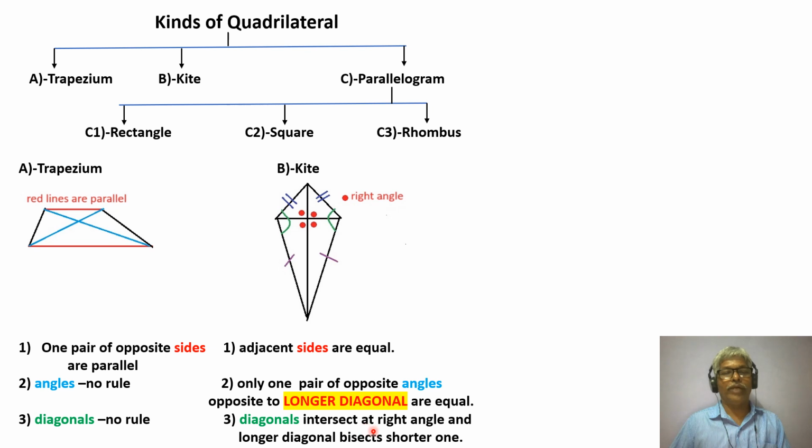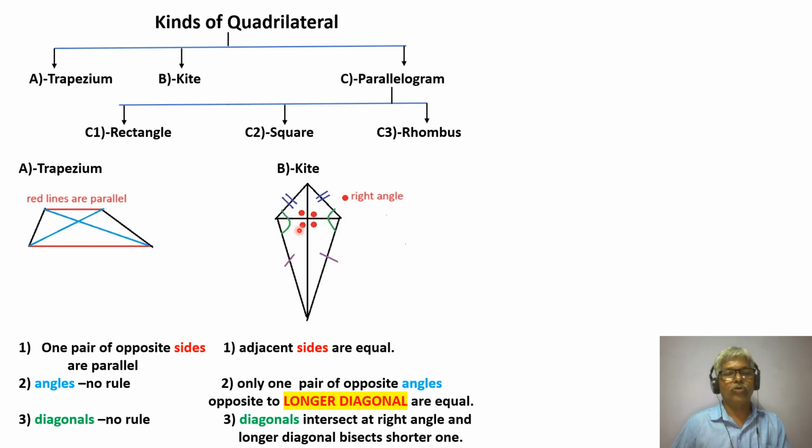The property of diagonals is they intersect each other at a right angle, and the longer diagonal bisects the shorter one. That means the distance from here to here is equal to the distance from here to here.